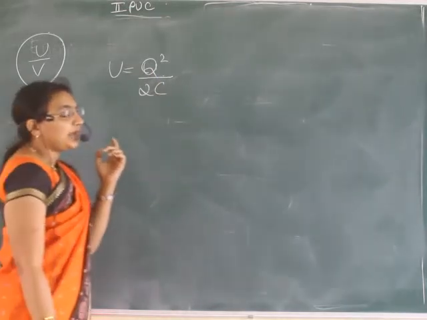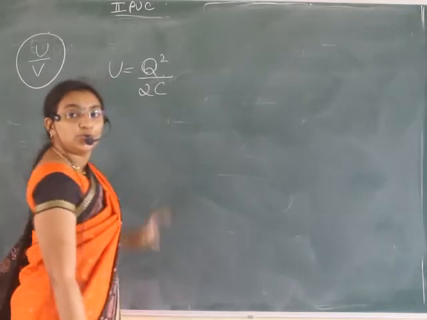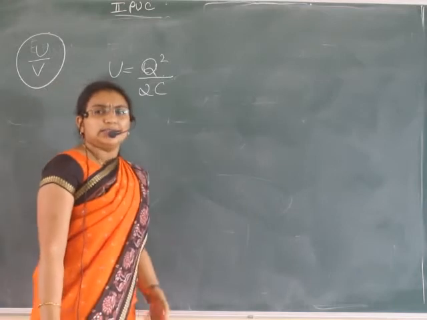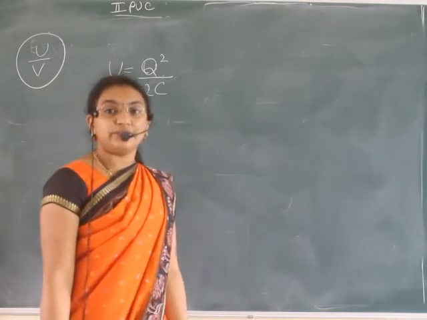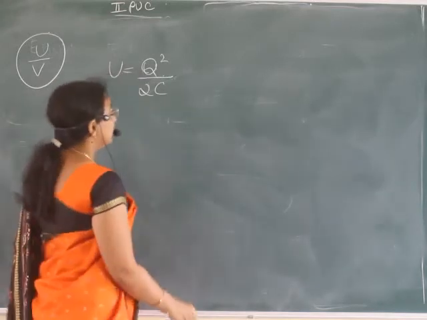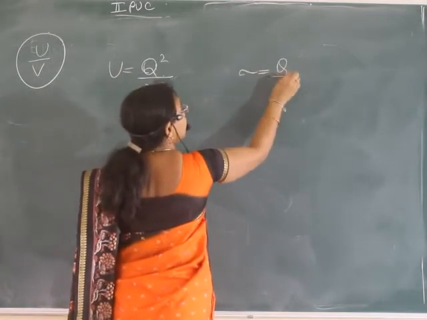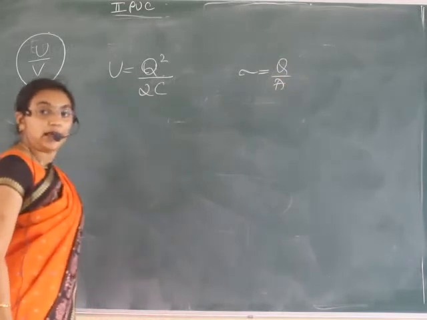We have to write the expression for U by V. How can we write? See here. Charge you can write in terms of surface charge density. That is, surface charge density is equal to charge per unit area. Am I right?